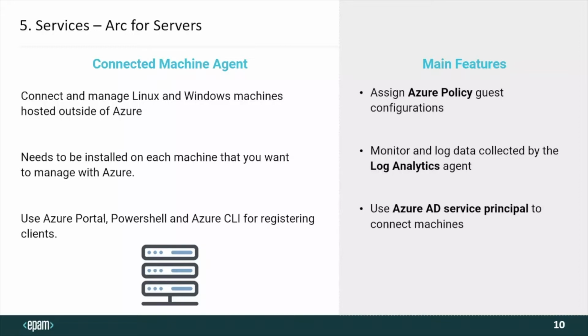Just to mention an example, onboarding can be done using personal IDs, but it's also possible to use an Azure Active Directory Service Principal as an identity. Actually, this is recommended when working with many servers. You won't use your personal ID when working with a bunch of servers.